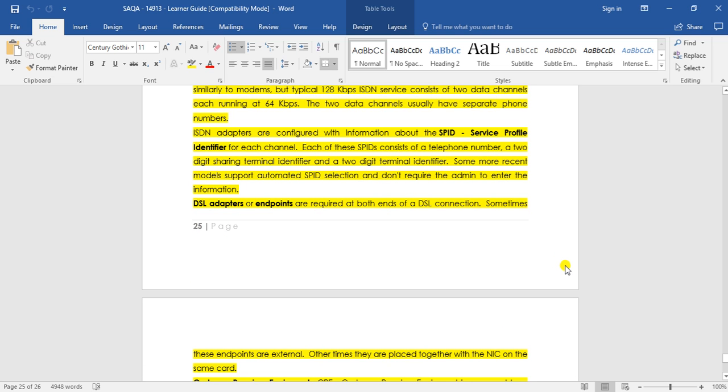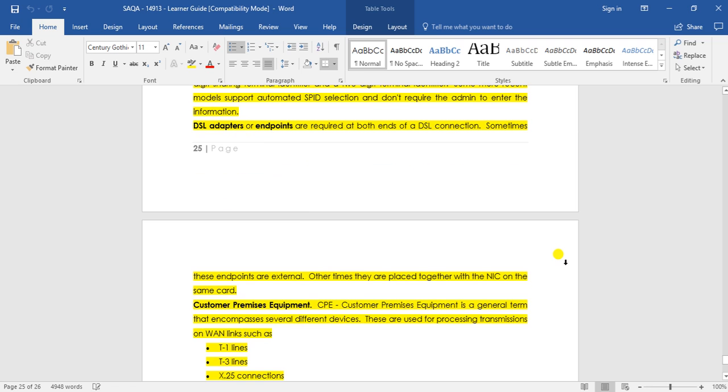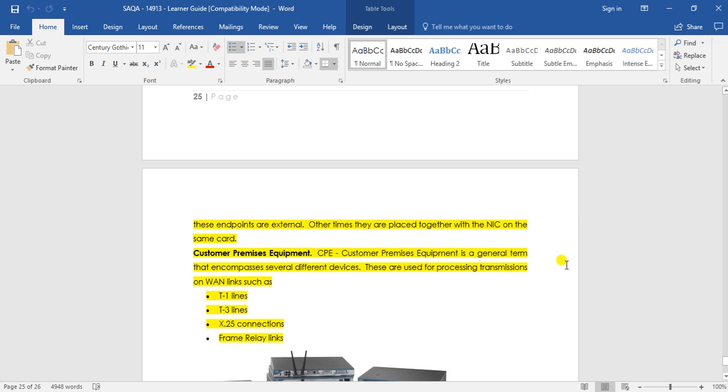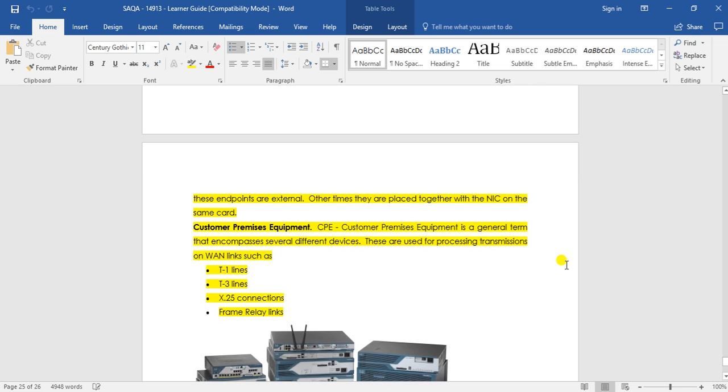The DSL adapters or endpoints are required at both ends of a DSL connection. Sometimes these endpoints are external. Other times they are placed together with a NIC on the same card. Customer premises equipment, CPE.